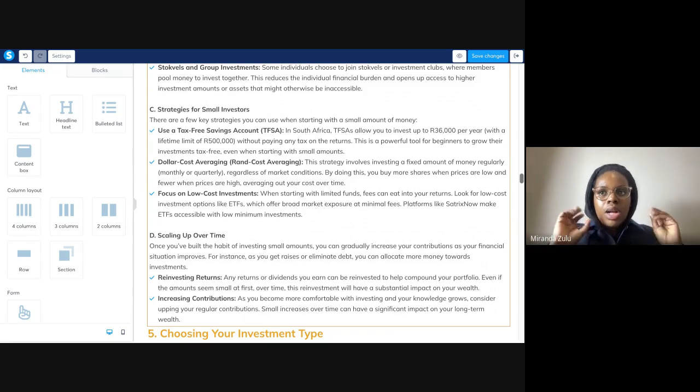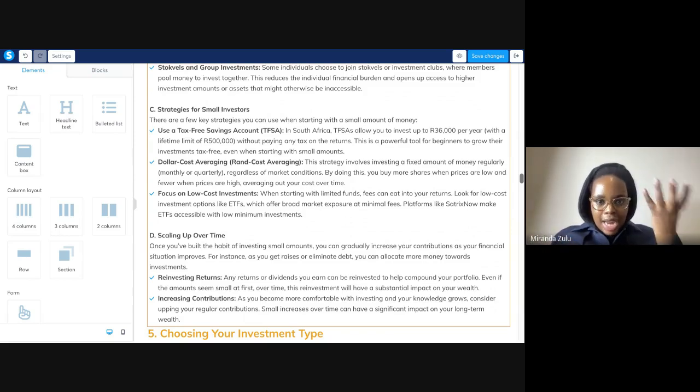For example, the South African Top 40 ETF tracks the top 40 companies in South Africa. So when you buy that ETF, you are buying essentially a share in those top 40 companies. And for me, it's diversified because I'm not buying just the single Sasol, where if Sasol's down, I feel it heavily on my portfolio, depending on how much I own of Sasol.